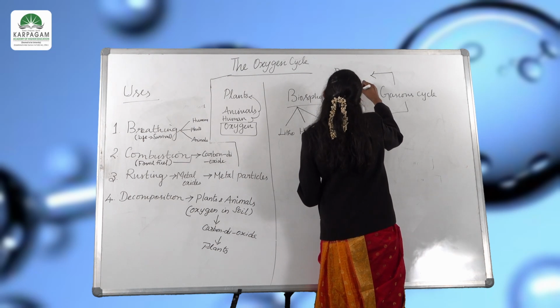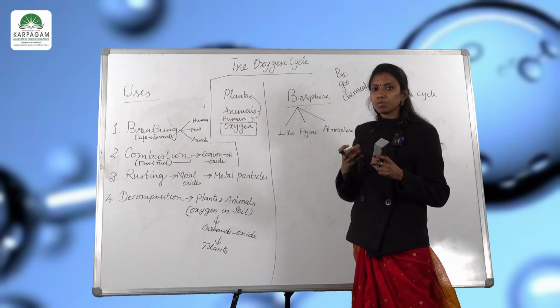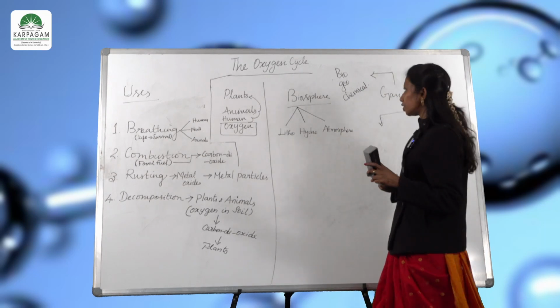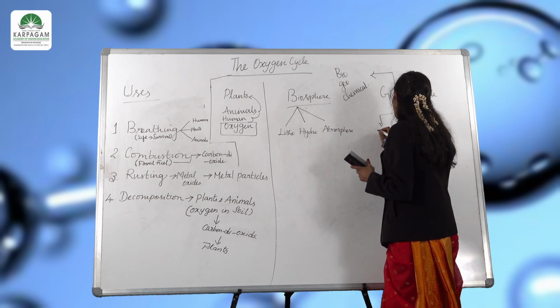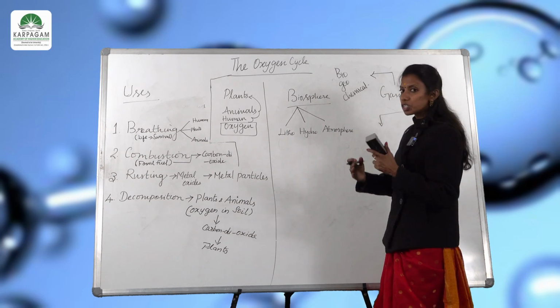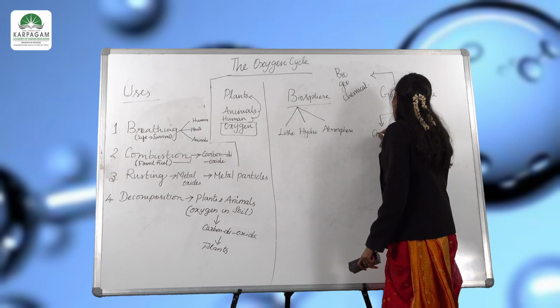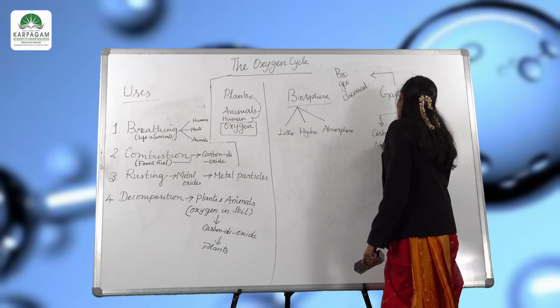This bio-geochemical cycle is where the nutrients and other organisms meet in a closed loop, and that cycle continues. In that bio-geochemical cycle we come across the gaseous cycle, which is the transformation of gaseous particles in the atmosphere, and the gaseous particles are the carbon cycle, oxygen cycle and the nitrogen cycle.